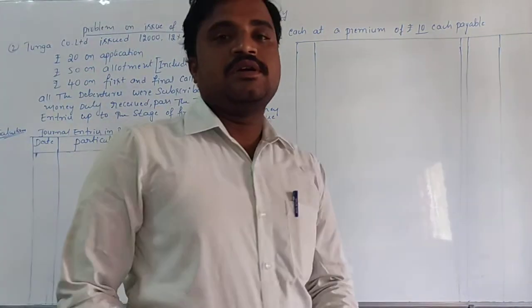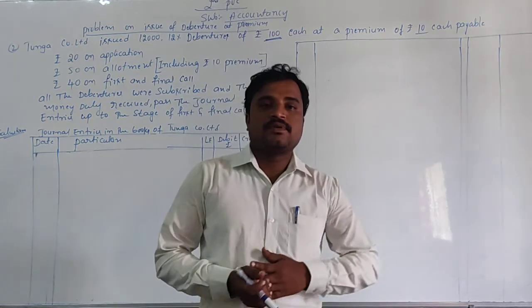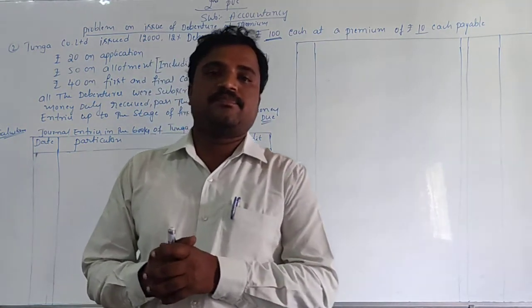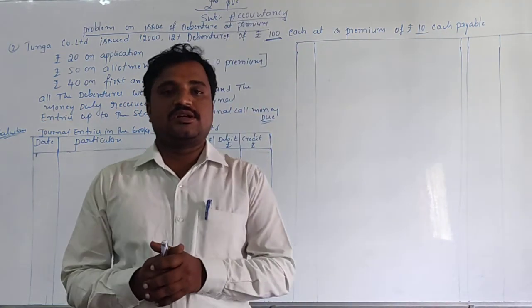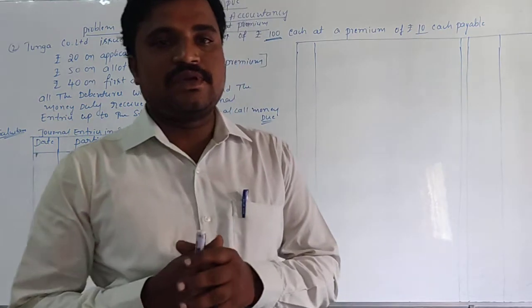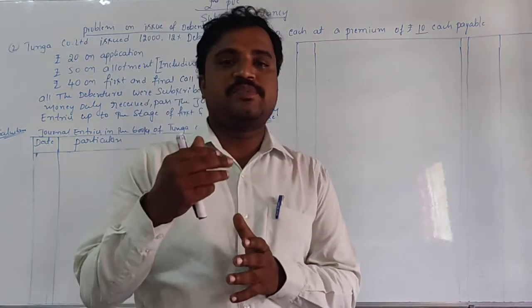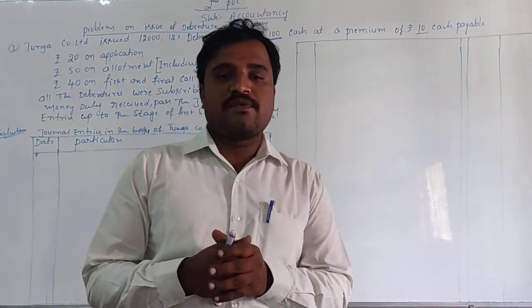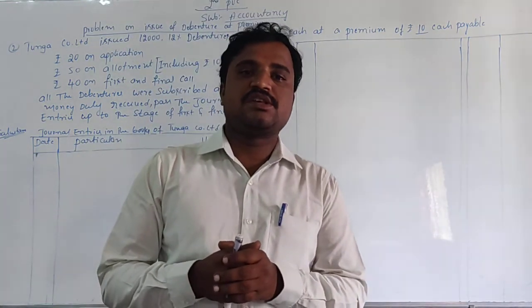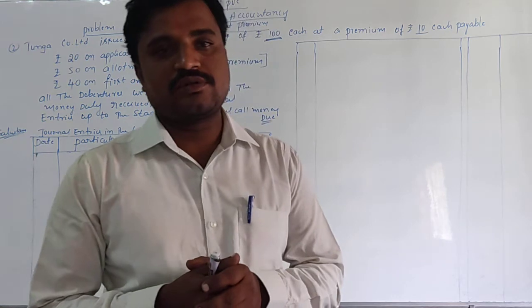So, good morning, students. This is the second problem, an issue of debenture at premium. You know that premium is more than the face value. Given premium at the time of allotment stage, you have to make one more journal entry, that is securities premium account.